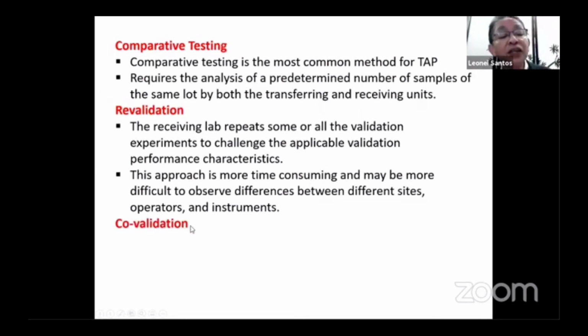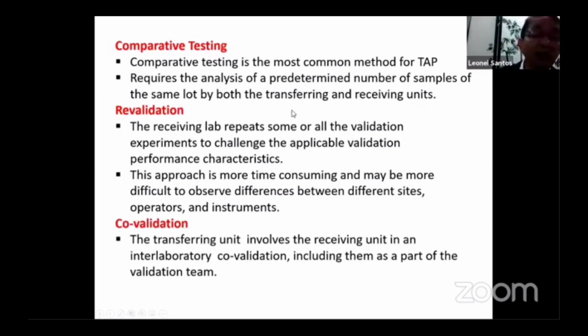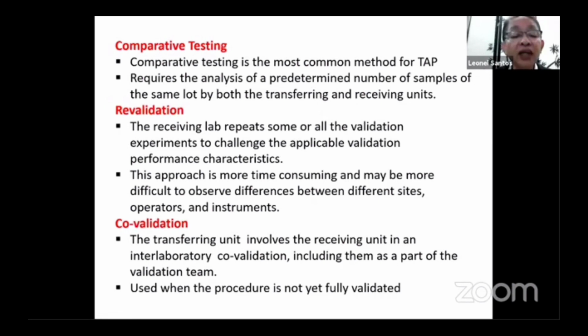The co-validation is a bit better because it is a collaboration between the transferring unit doing some of the validation, and then the receiving unit, which will also do some of the validation. This is used when the procedure is not fully validated.